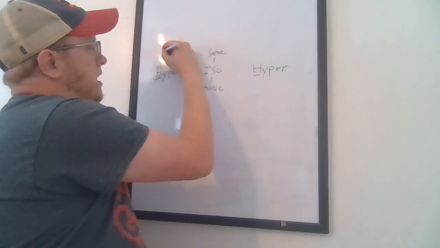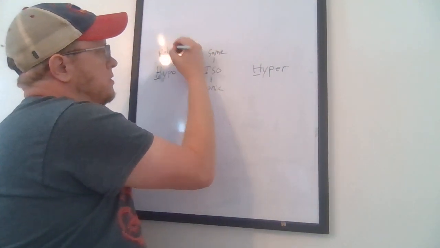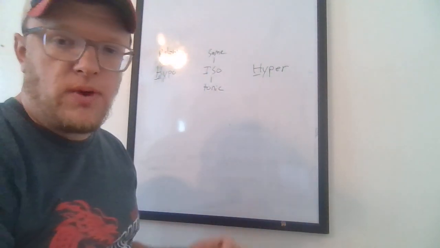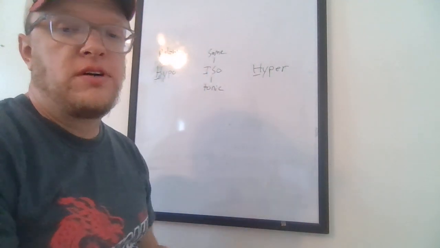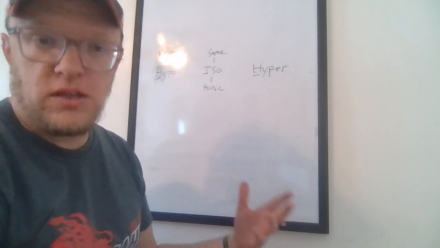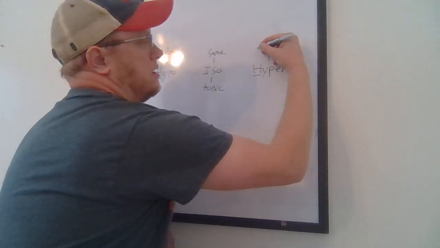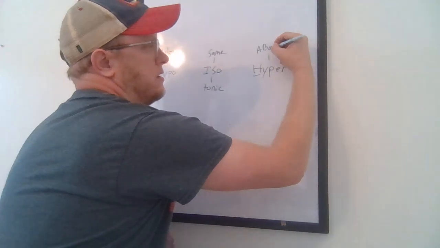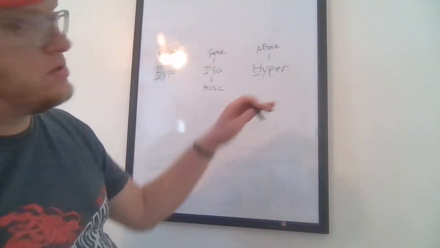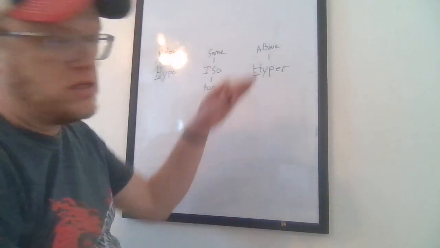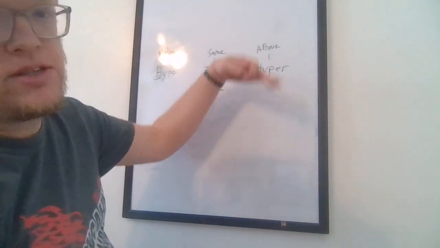Isotonic is same. Hypo is below, means that it's diluted, right? It doesn't have enough of the particles or the solutes inside it. Hyper means above. So it has above enough. It has too much solutes, or it's concentrated.